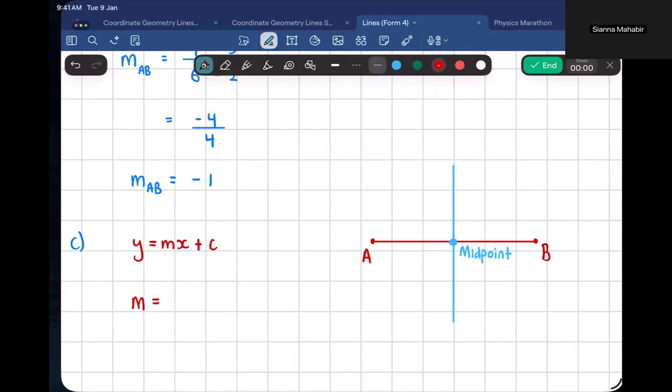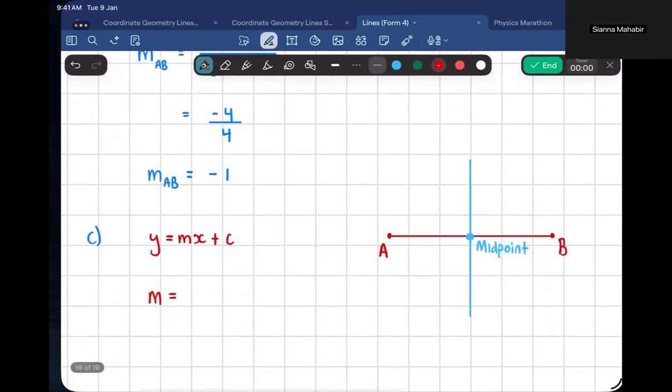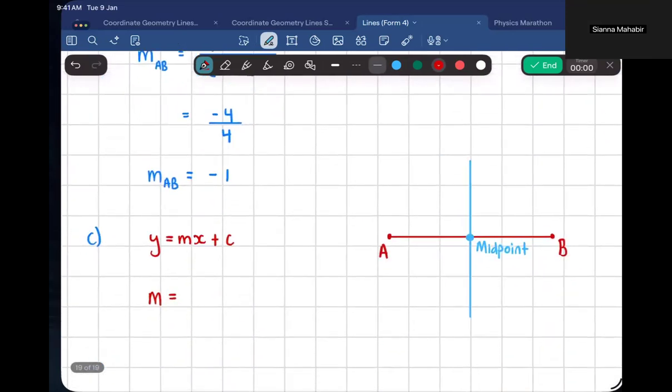It would be plus 1. So just 1. That's the final answer. If anybody is confused, -1 is the same thing as -1 over 1. If you flip that, it's going to be 1 over -1. And if you change the sign of the entire thing, it's going to turn to plus. So plus 1. Are you guys confused or okay with that?